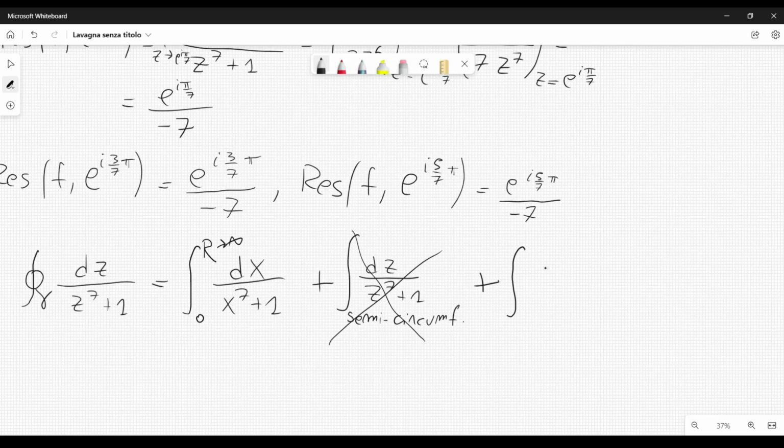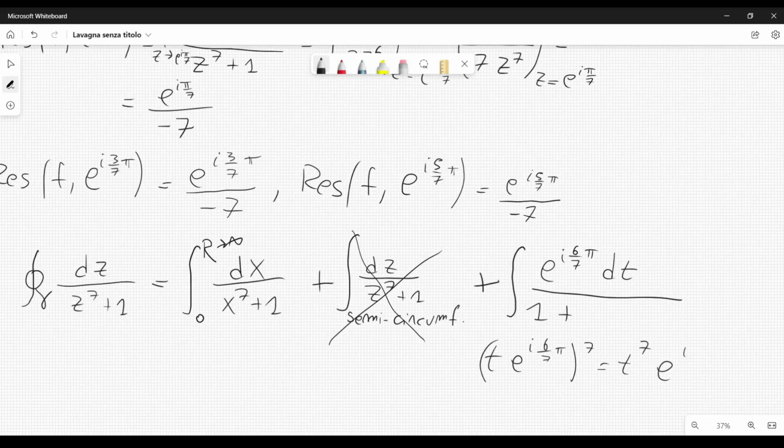So I have dz, which is e to the i 6/7 pi dt, and then I divide by 1 plus z to the 7, but when I raise t times e to the i 6/7 pi to the power 7, I will get t to the 7 times e to the i 6 pi over 7 multiplied by 7 here in the argument of the exponential.